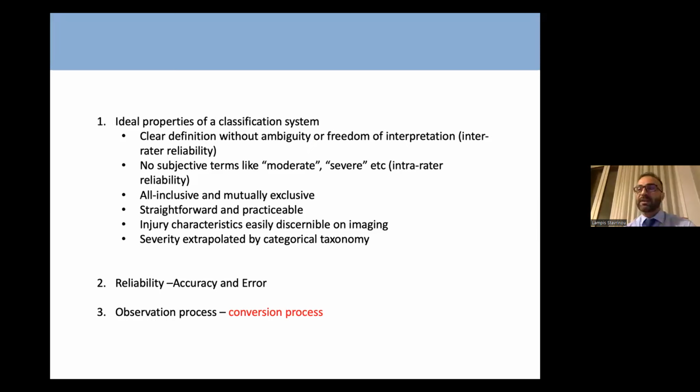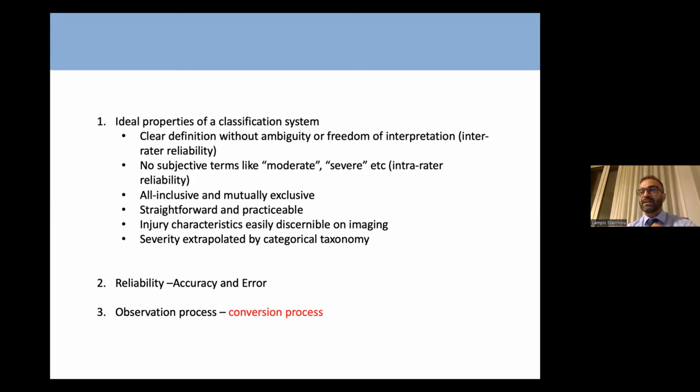It helps us communicate with our colleagues what we're dealing with, and ideally it will give us a path towards treatment. So the ideal classification system should have a clear definition of the pathology without ambiguity or freedom of interpretation.